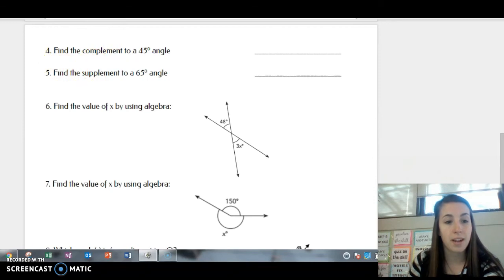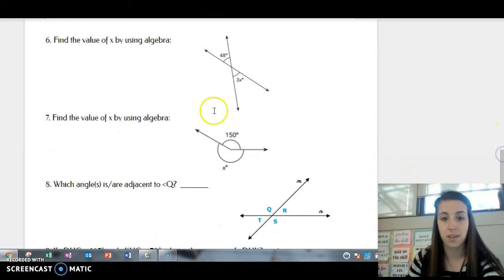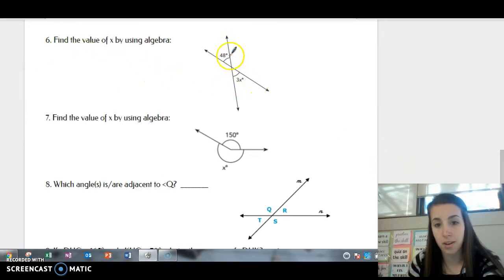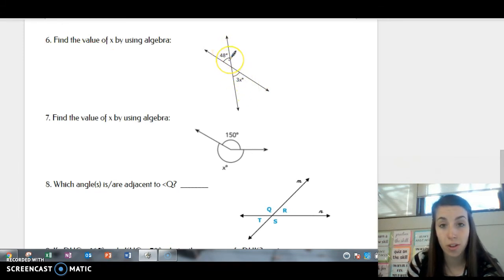Okay? The very next thing is question 6 and 7. It looks like you're finding the value for x. I want you to notice that these two angles here are across from each other. Since they're across from each other, they're called vertical angles. They share the same vertex and they are across from each other with two intersecting lines.